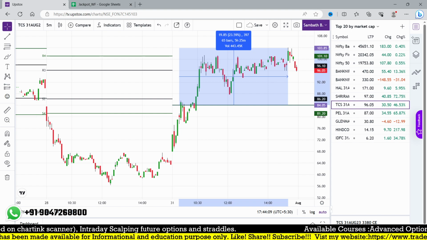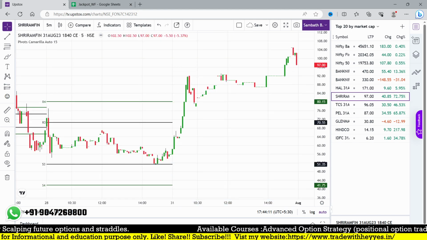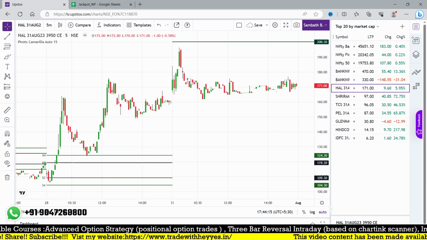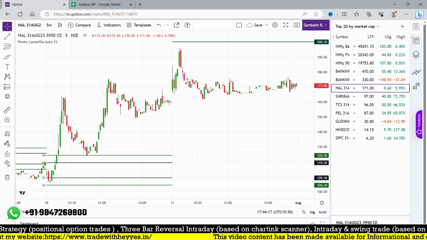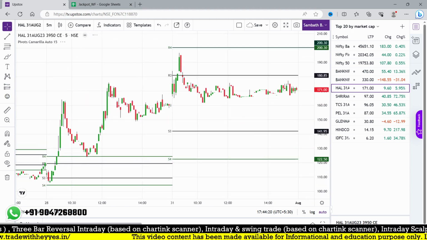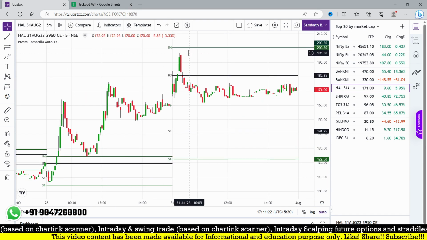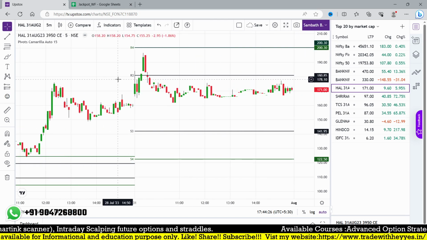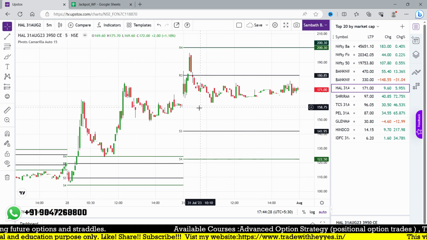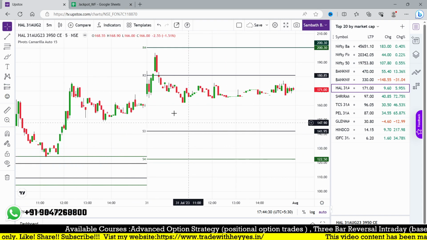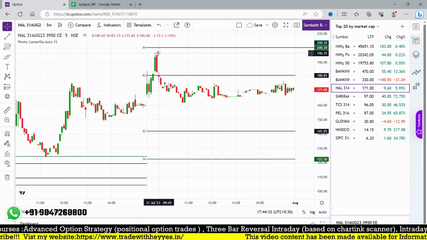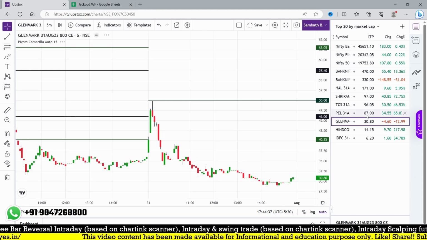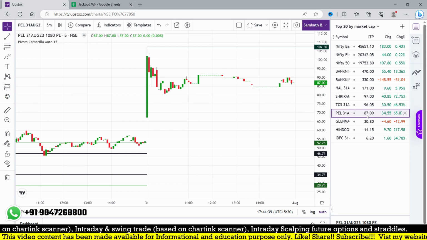Even some of the opportunities like Sriram Transport we are waiting for, that was not triggered, and HAL we are waiting for, that is also not triggered. HAL 196, what's happening here? I think whether it is loading right. I think HAL was higher, right? By opening higher, and it's showing you. And PEL also we are looking for, that was not triggered.